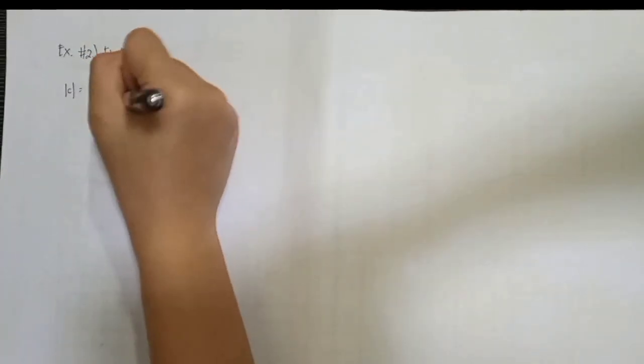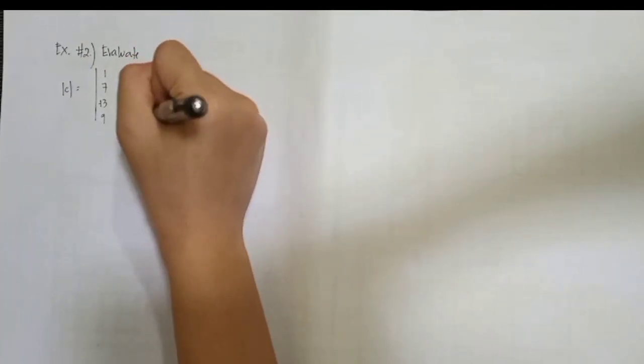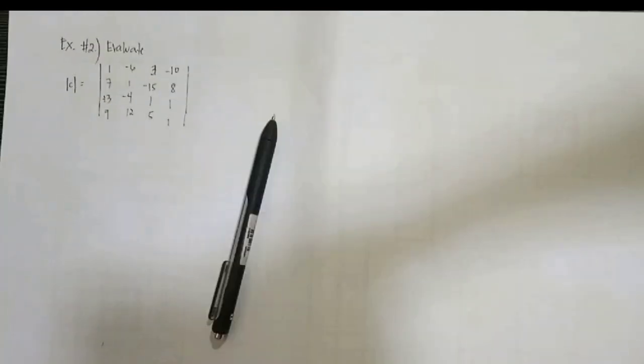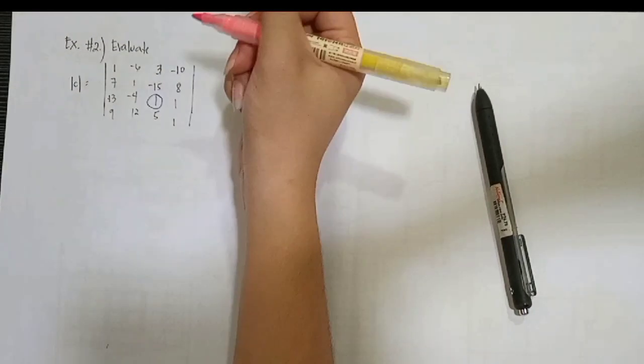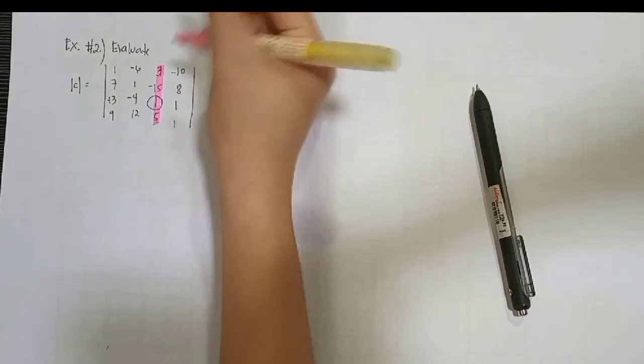For example number 2, evaluate determinant C, which is 4 by 4. First step, we need to encircle the pivotal element, which is 1. Then highlight the row and column that intersects the pivotal element.